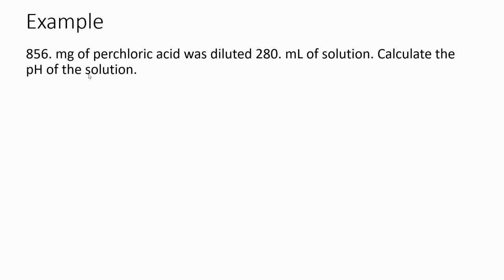Okay, this is the number of moles of perchloric acid. So our second step is we need to check the number of H+. In this acid, how many hydrogens am I going to get out? 1. So if I have 1 mole of this, I'm going to get 1 mole of hydrogens.